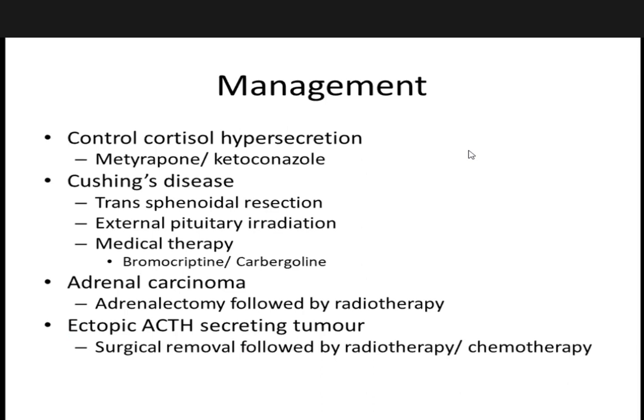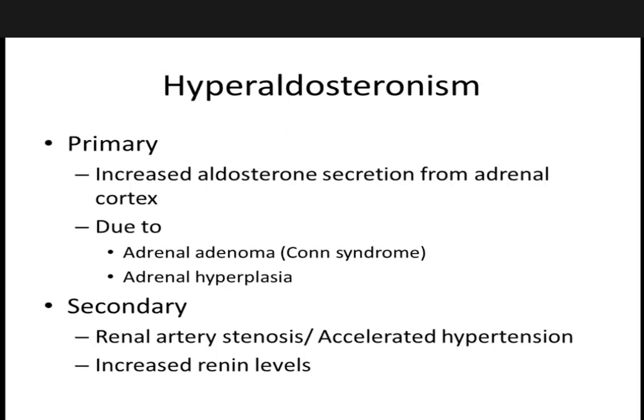Right? If it is due to ectopic ACTH secreting tumors, again with investigation, we should hunt and find the primary tumor, and we should remove that surgically, followed by radiotherapy and chemotherapy. Right.